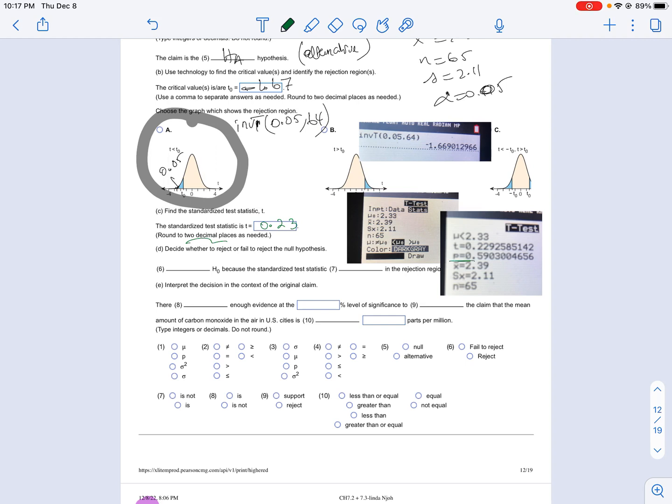So we are going to fail to reject the null for sure. Fail to reject the null because the standardized test statistic is not in the rejection region.